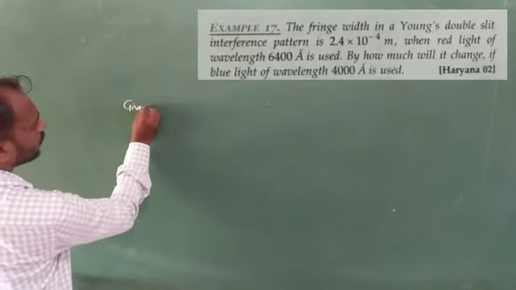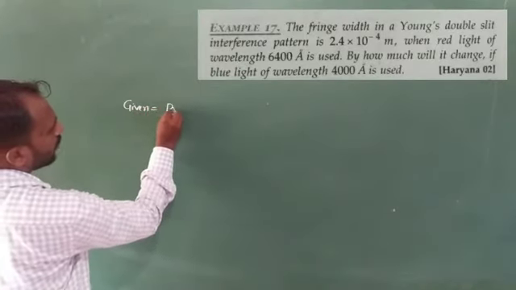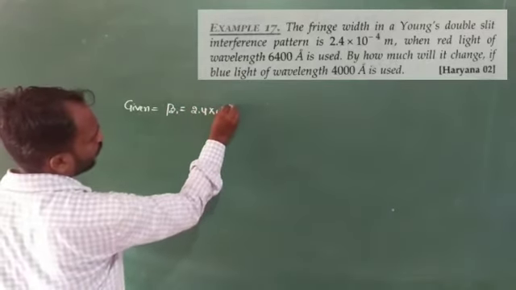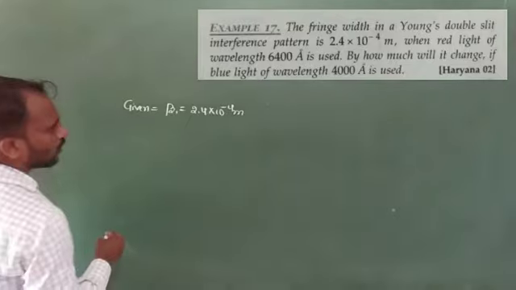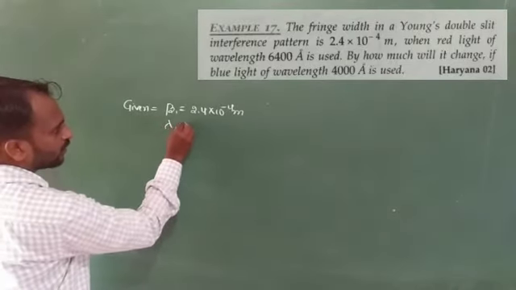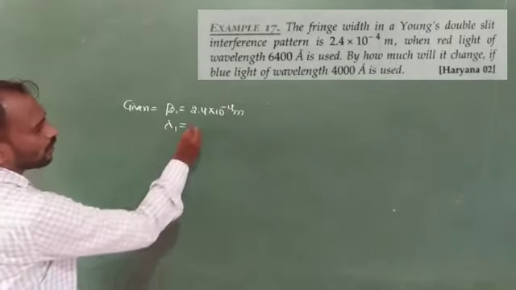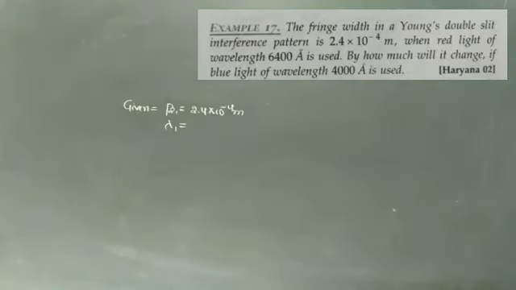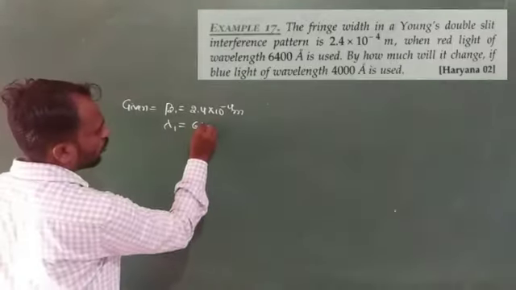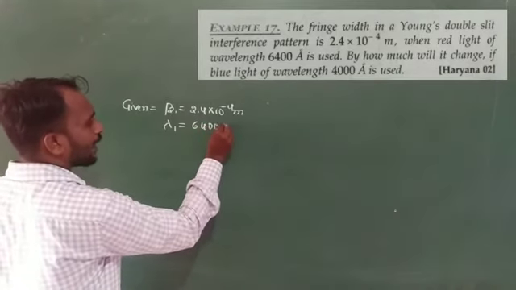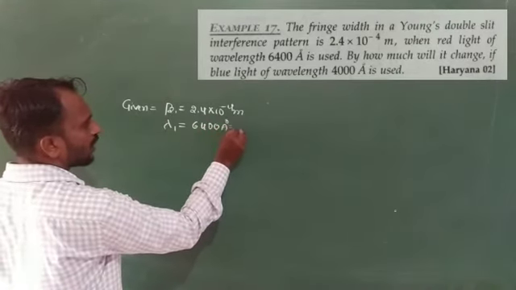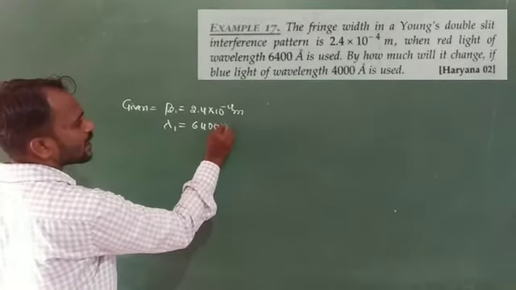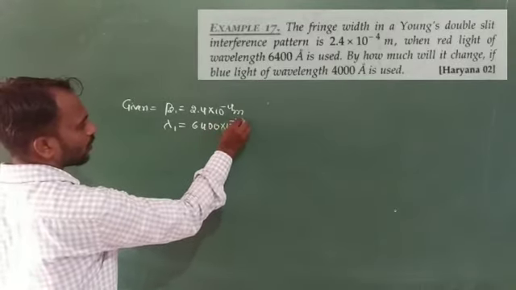The first fringe width is 2.4 into 10 power minus 4 meter, when we use the wavelength lambda 1, which is 6400 angstrom. So 6400 angstrom means 6400 into 10 power minus 10 meter.